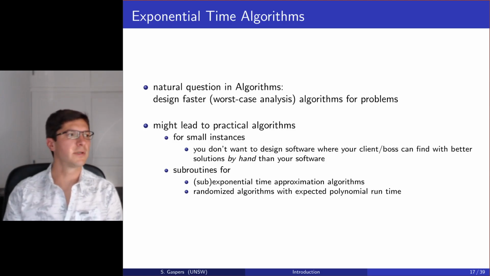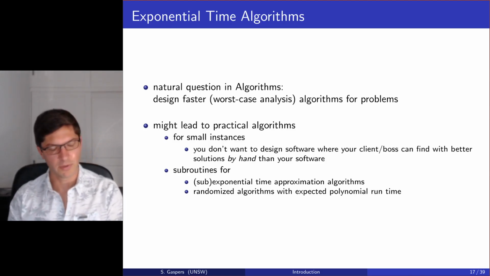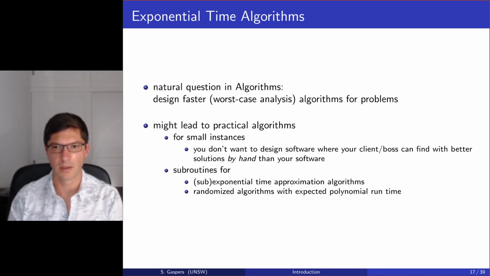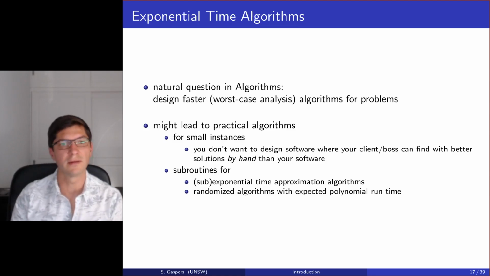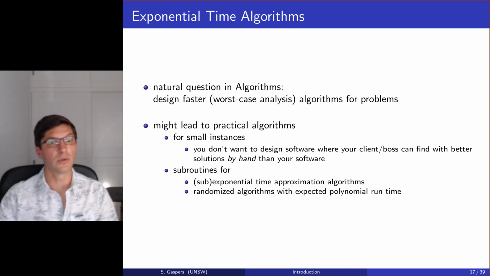Oftentimes, if we're given a problem that's really crucial for some application, you wouldn't just design one algorithm and hope that it is the best for all possible instances that we could encounter.